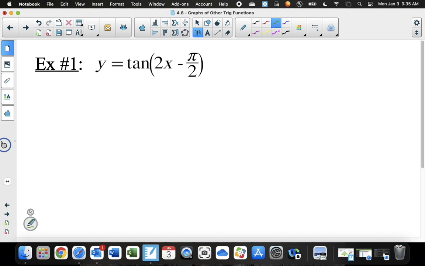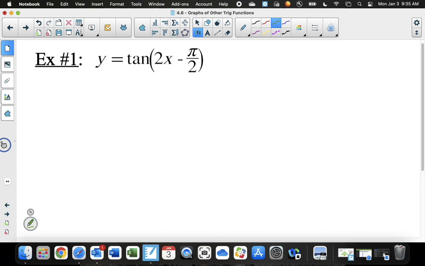So in this case, step number 1, I need to find where the asymptotes for this graph are. Now that I've changed some values in here, I've changed the b and the c value a little bit. So we're going to take what's in parentheses, the bx plus c, in this case 2x minus pi over 2, and sandwich it in between what we talked about on the previous slide.